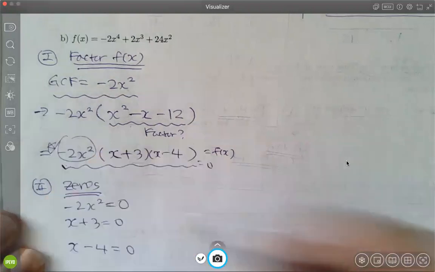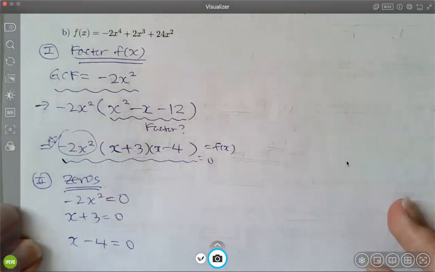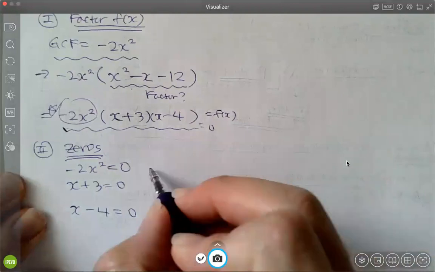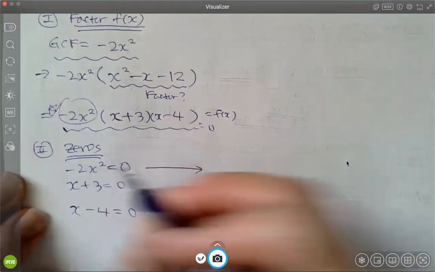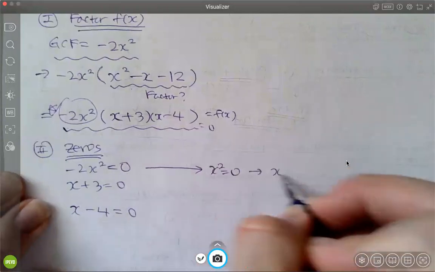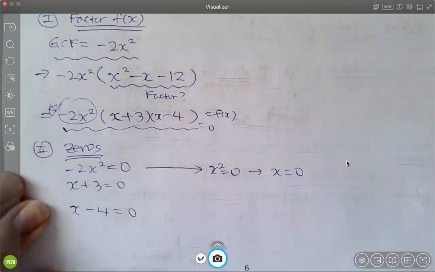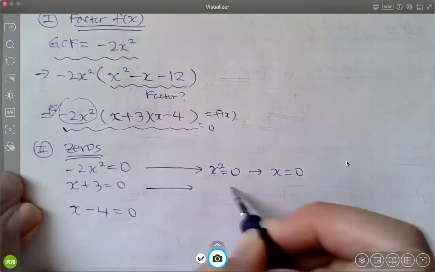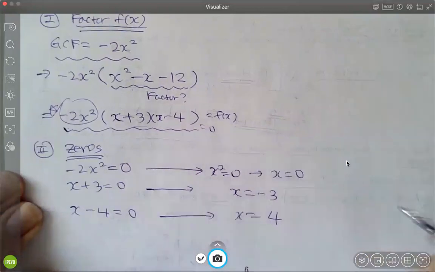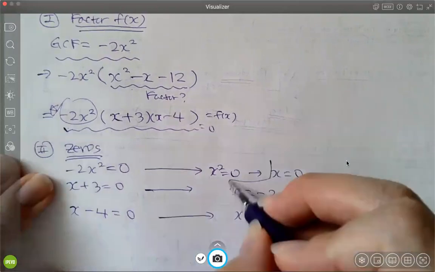As long as something contains an x, you need to set it equal to 0, even if it's not within the parentheses. From here, first you divide by negative 2, so x squared is equal to 0, so x is equal to 0. And then x is equal to negative 3, and x is equal to 4. So these are the zeros.